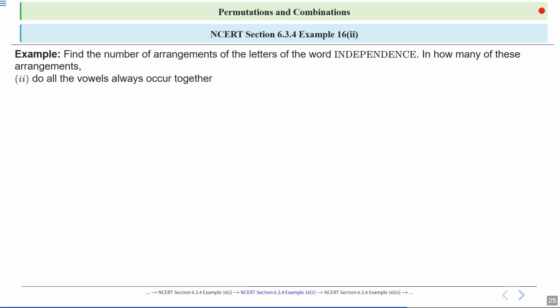Now, the second part of this example asks us how the letters can be arranged when vowels come together.